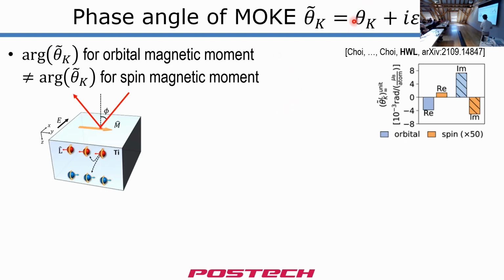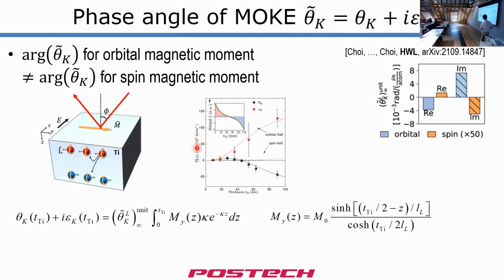Here, the experiment basically probes two quantities, Kerr angle and also ellipticity, and they will have a relative phase. If I combine them, I will have a complex number with a certain well-defined phase angle, and this phase angle affects the experiment. Here I plotted the Kerr angle, represented by the black symbol, and the ellipticity as a function of titanium thickness.